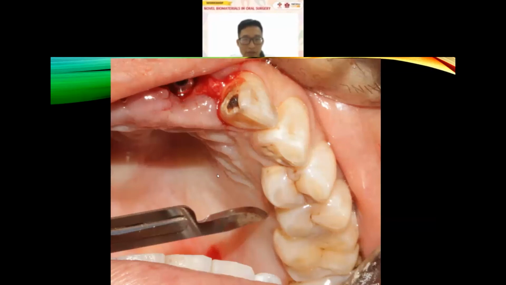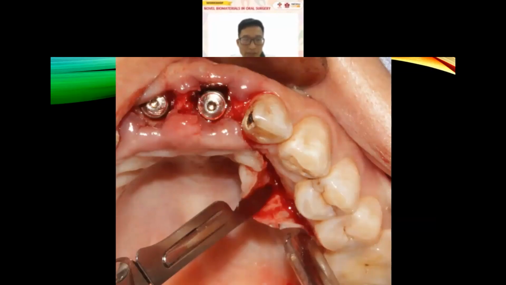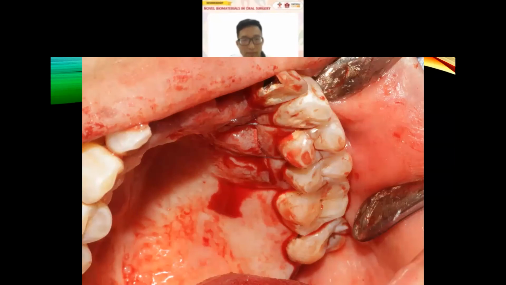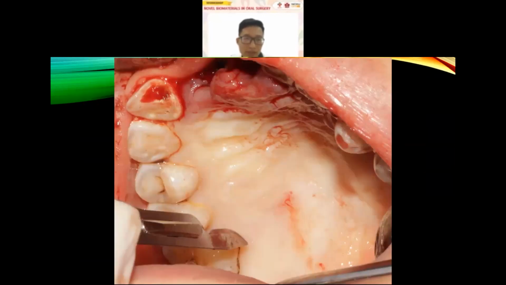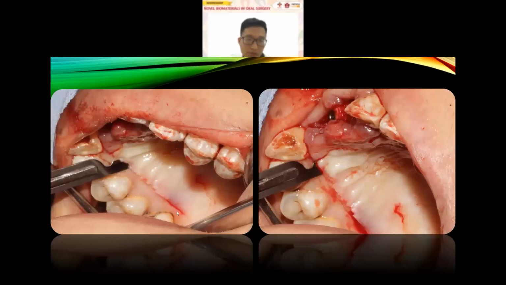In this case, I used the pedicle connective tissue graft to cover it on the two sides, because we extracted two incisors, the central incisors. Making a first incision from the posterior teeth to the anterior direction, making a split technique flap.